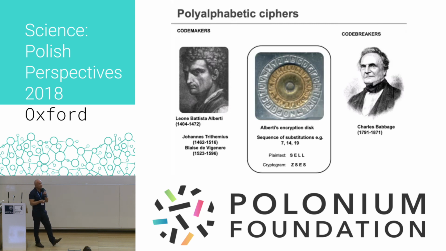So that was the first idea of polyalphabetic ciphers. And the interesting thing is that, for example, the letter L now is mapped depending on the location. In here, it can be mapped into E, but it can also be mapped into S because, for this particular example, in the first location we use the substitution rule shift by 7.